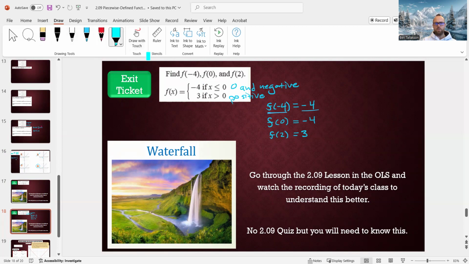Well, this first function says if x is less than or equal to 0. This one doesn't say or equal to. So again, it's that value, -4. But for 2, that one's a little different, right? 2 is obviously a positive number, so that's greater than 0. So that is equal to 3. And that's piecewise defined functions.